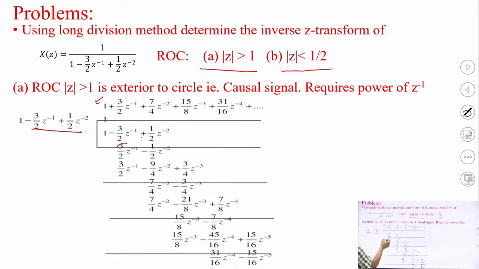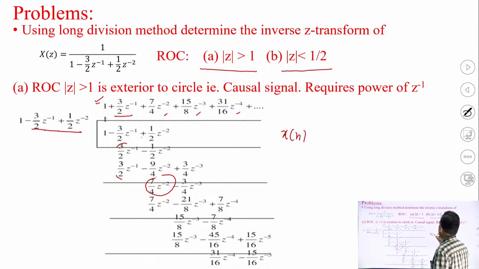Now we have to vanish this term 3/2 z to the power minus 1. So we put the value 3/2 z to the power minus 1, so that when it multiplies here we get 3/2 z to the power minus 1. But we have to multiply all these terms also. Our aim is to vanish the first value we get here, and accordingly we get the next terms.